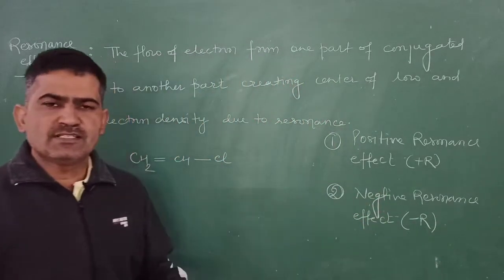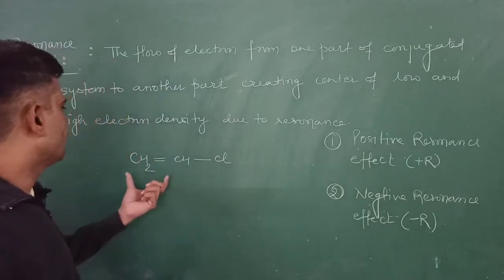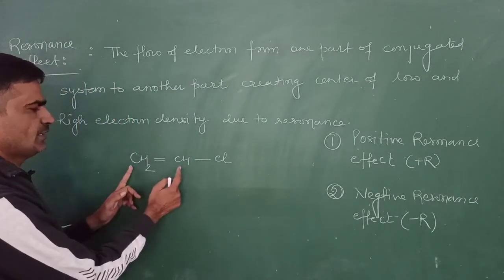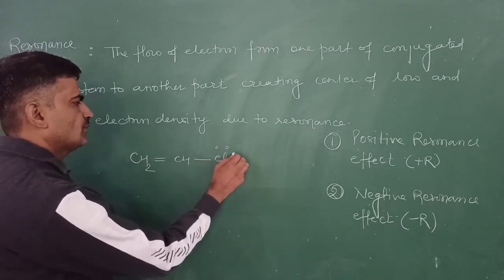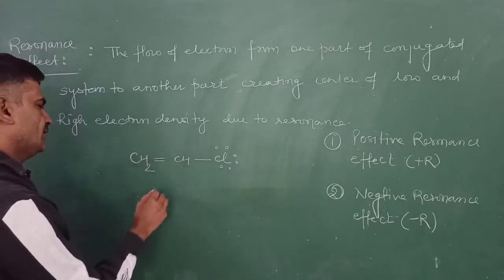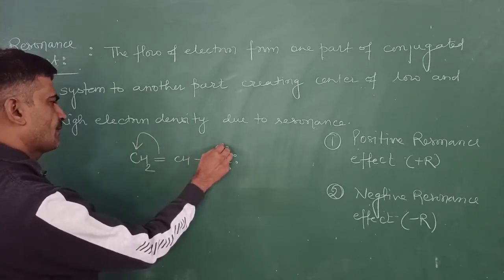In the positive resonance effect, an electron donating group joins a conjugated system. This is a conjugated system, a carbon-carbon double bond is present, and this is the chlorine, which has a lone pair of electrons present over it, and it will donate the electron to the conjugated system this way.